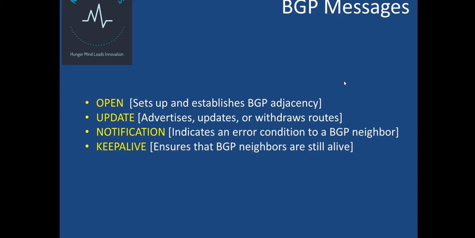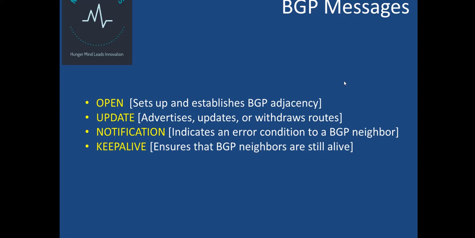It has to undergo different processes to exchange a few parameters, so that R1 and R2 agree upon something that is okay for both, and finally they form the neighborship.